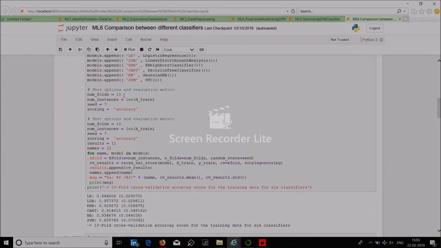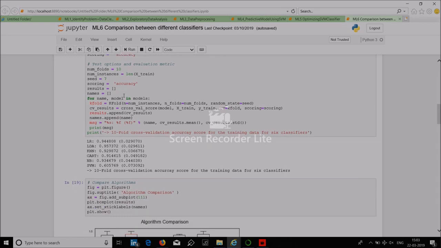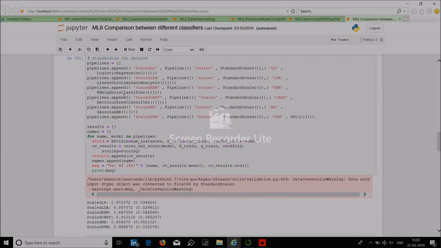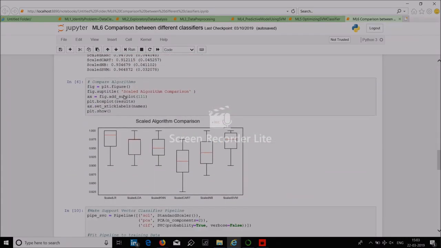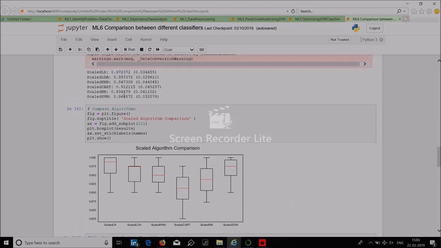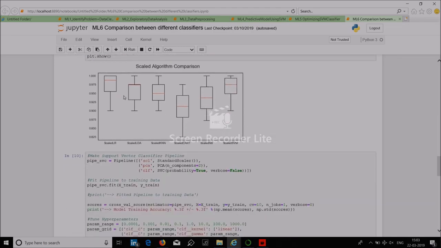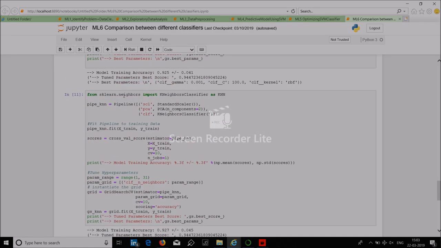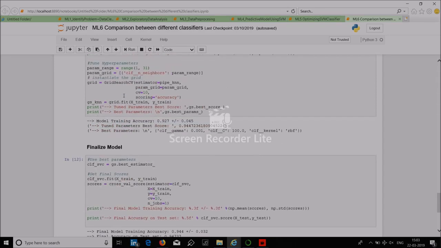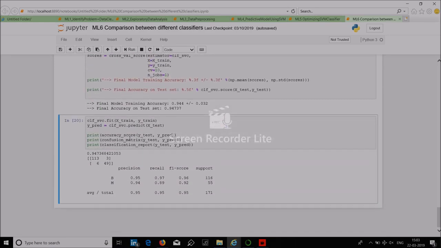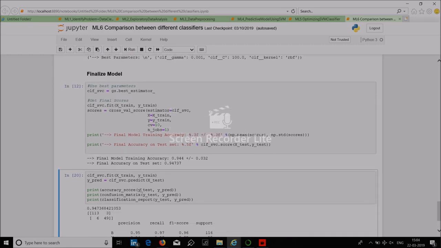This is the baseline, and this is what we obtained from the machine learning model. From this, you can see that the accuracy obtained is about 0.95, and this is the final result we have obtained by this project.